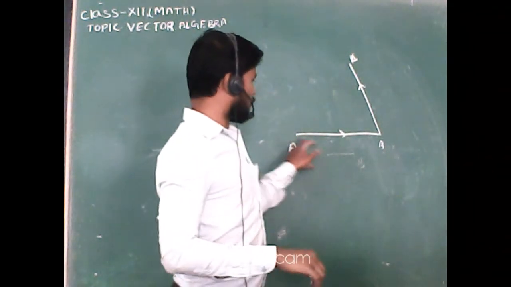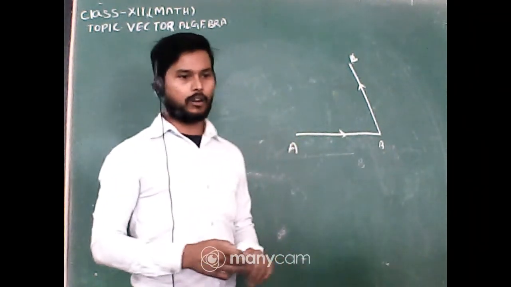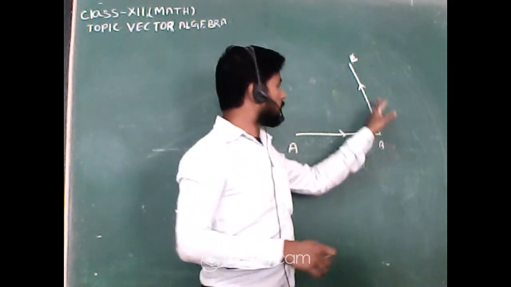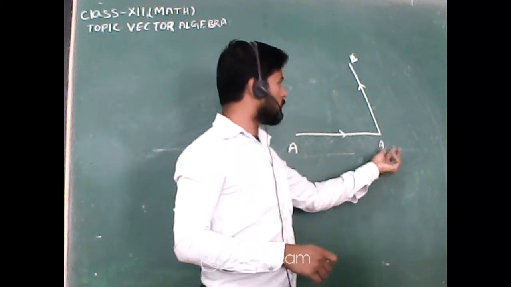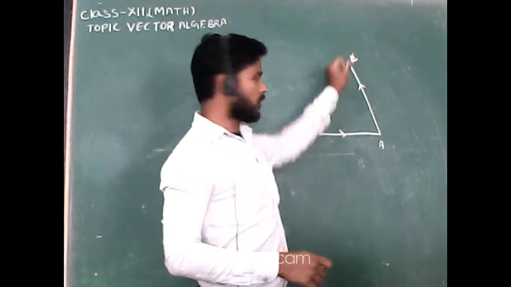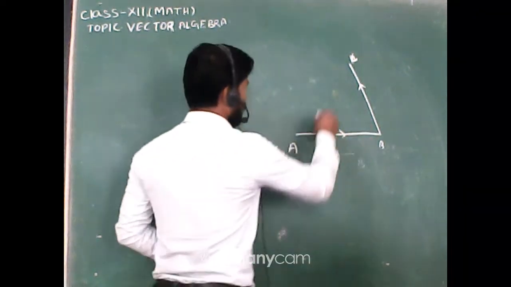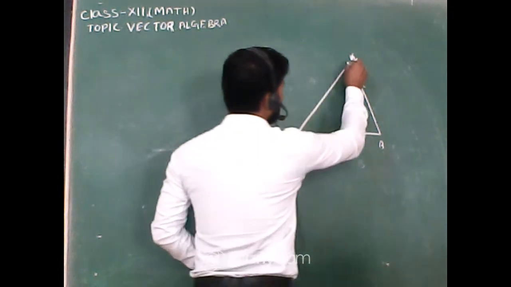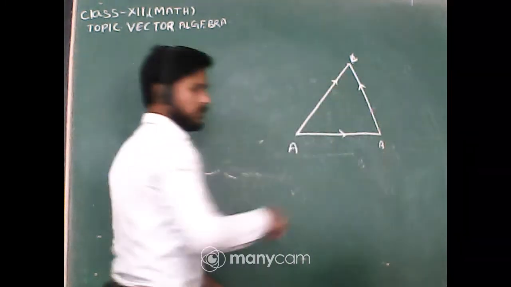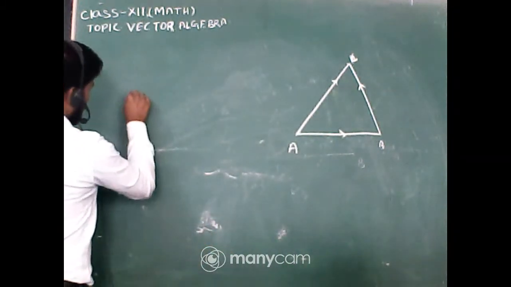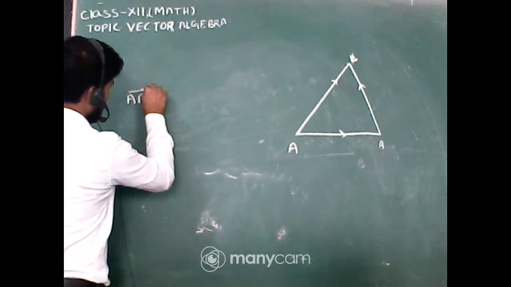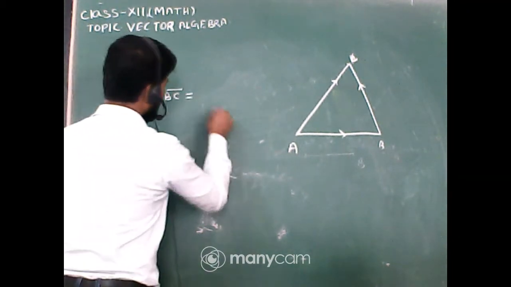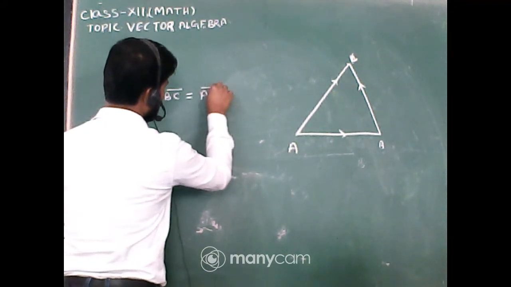The initial and terminal points of AB are A and B, and for the second vector the initial point is B and the terminal point is C. Then the sum of these two vectors will be another vector whose initial point is A and terminal point is C. That means vector AB plus vector BC is equal to vector AC.